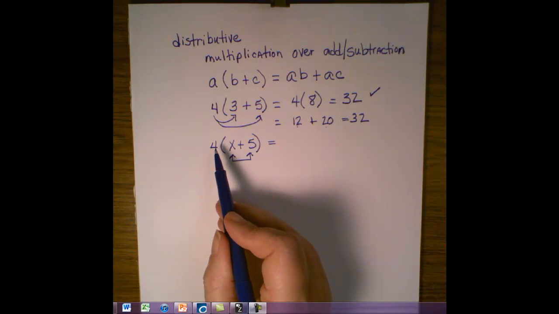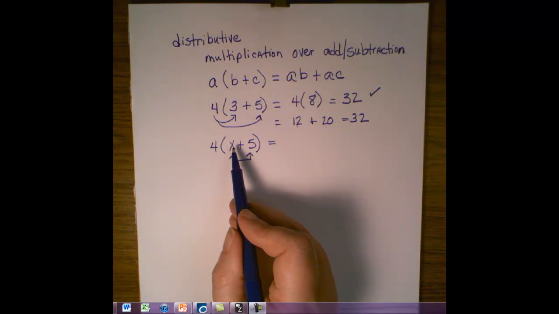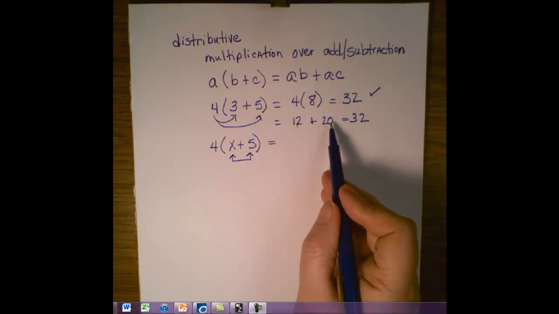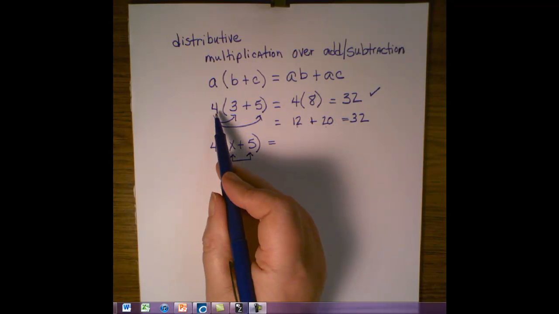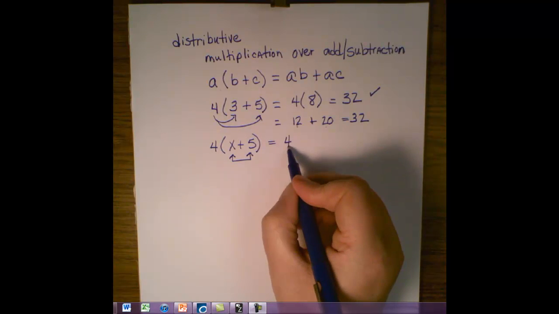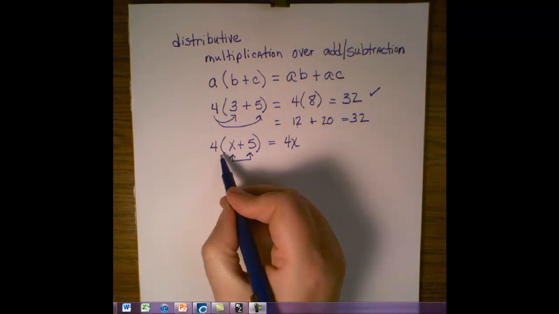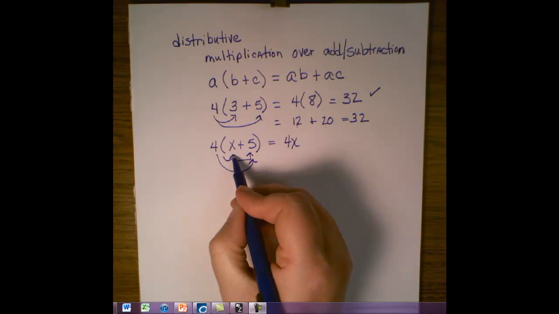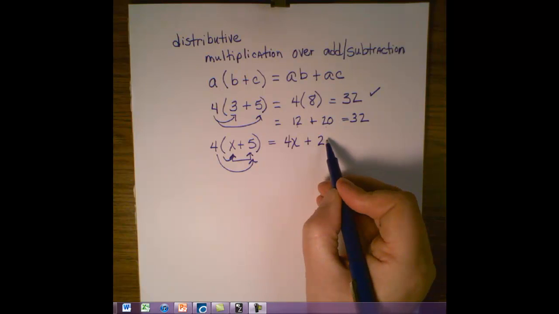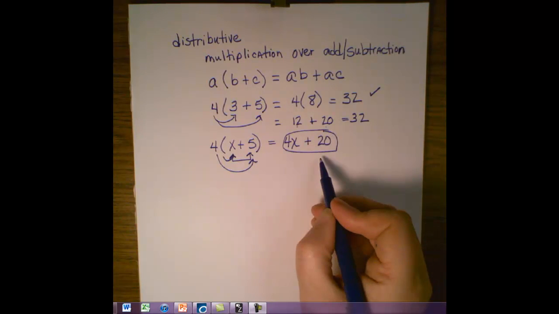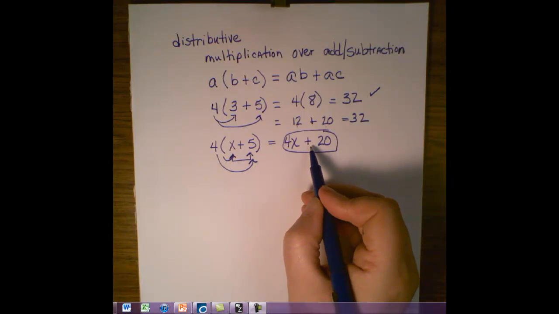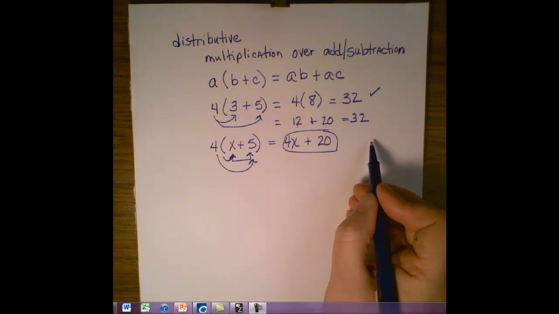So if I want to simplify this in any way, I have to do it the second way, which is to multiply the 4 times the first term. Well, the 4 times x is just 4x. And 4 times 5 is 20. And then we'll consider this a little bit more simple than this, because this can then be added and combined with other terms.